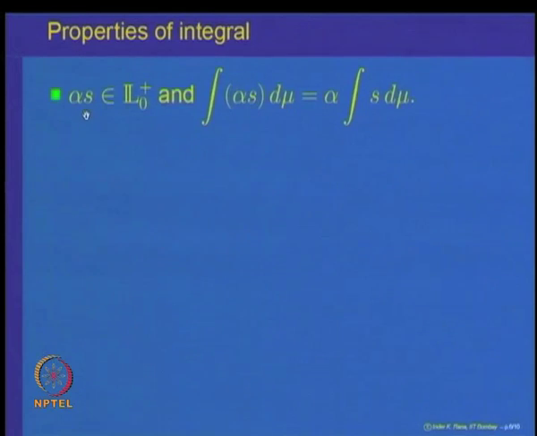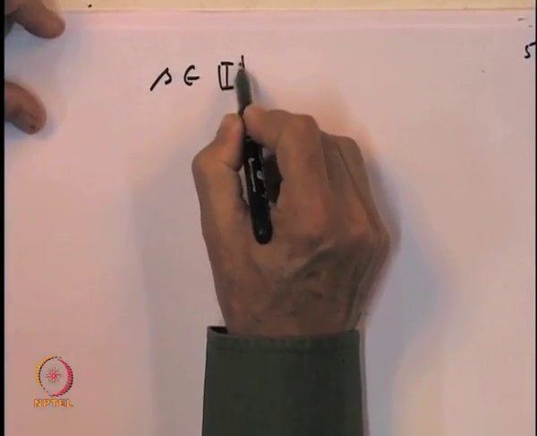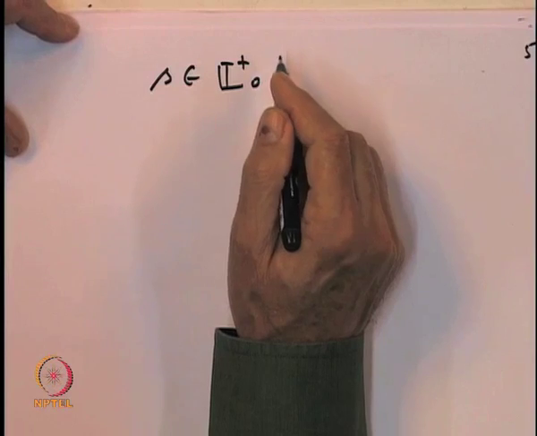The second property we want to check is that for a non-negative simple function s, alpha s belongs to L plus 0, and the integral of alpha s d mu is the same as alpha times the integral of s d mu. So, let us check that. So, s belongs to L plus 0, a non-negative simple measurable function.